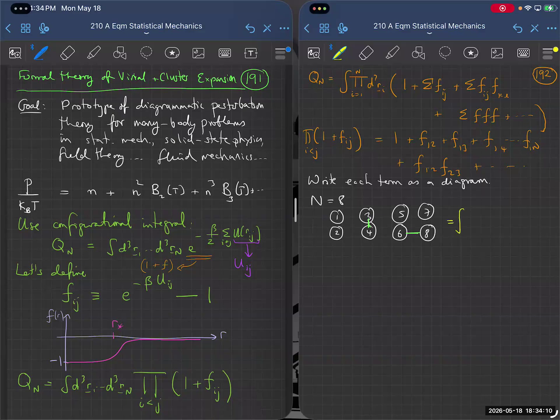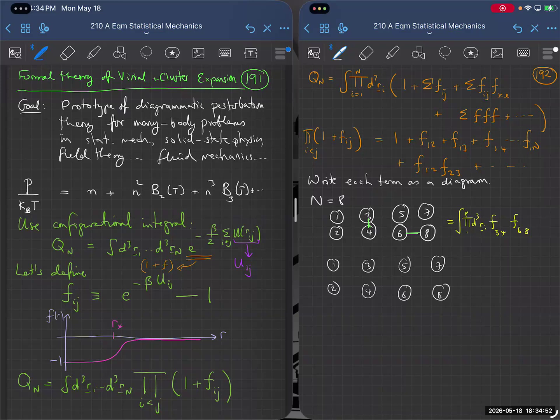That is the same thing as the integral from 1 to 8 d^3r_i, and then f_34 f_68. Okay, so then you might say, let's do another one. So let's do this: 1, 2, 3, 4, 5, 6, 7, 8, like that.